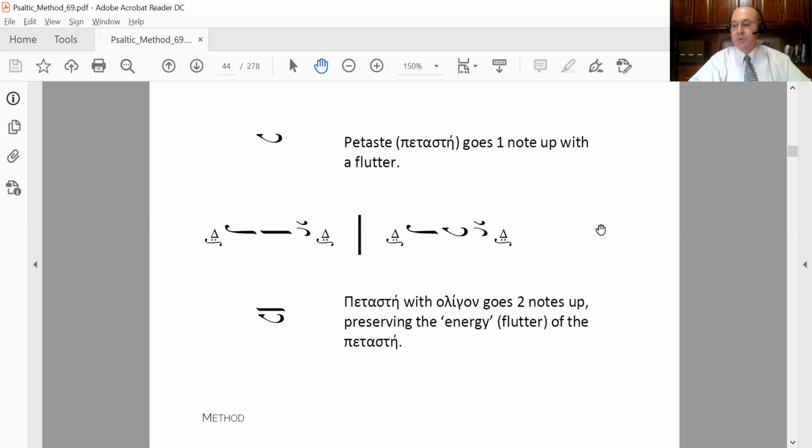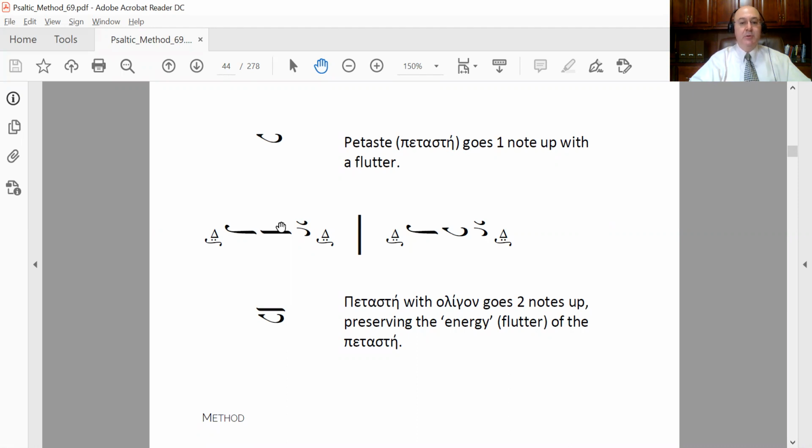Last time we learned about how to read ancient Greek text. This time we're going to learn one more new character, petasti, that even though we traditionally account it with the quantity characters because it goes one note up, just like oligon, it goes one note up with a quality to it, a flutter.